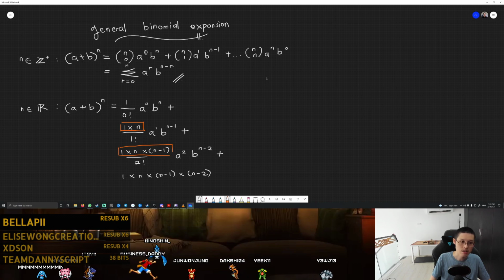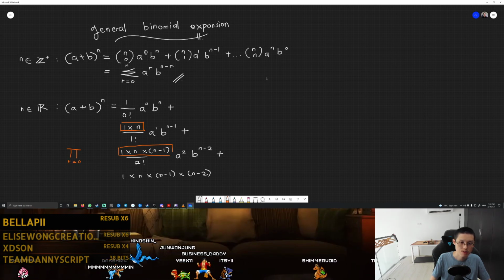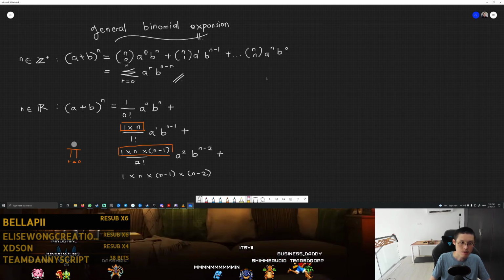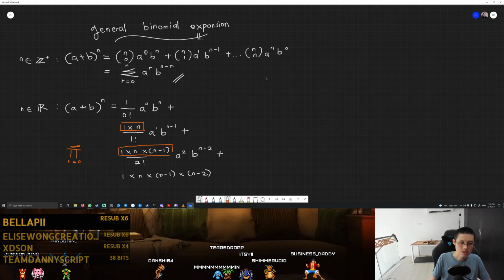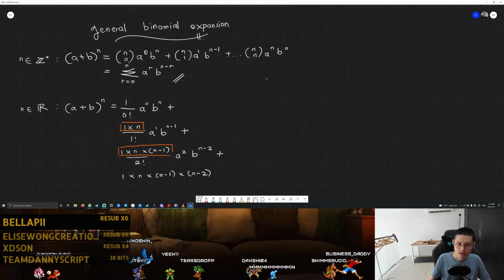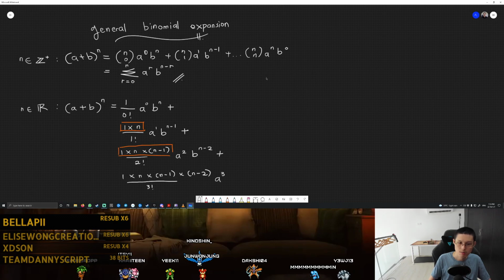So this is actually like a product of r equals 0 to n. Well, technically it's r equals 0 to infinity. Maybe I should not introduce this because this is not something in your syllabus. It gets a bit too complicated. Just ignore that. Times over 3 factorial times a^3 b^(n-3) and so on.